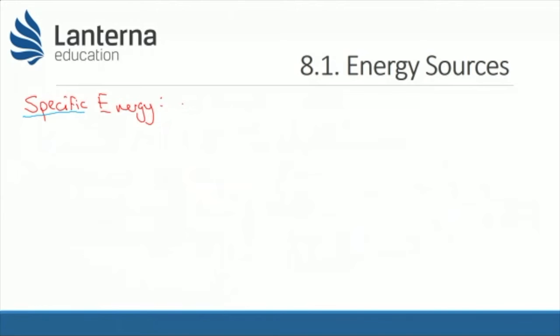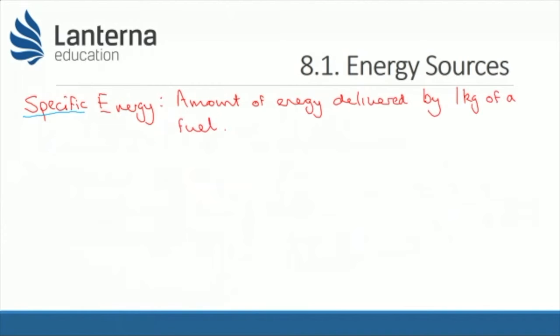So the specific energy of a fuel is the amount of energy delivered by 1 kilogram of a fuel, when combusted completely.